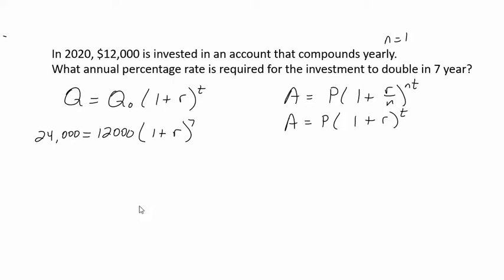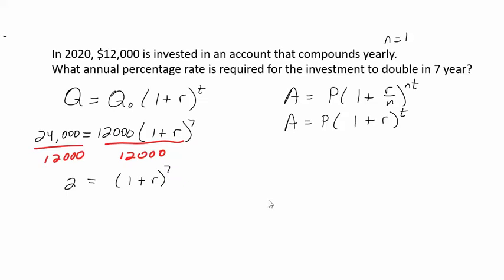Now we're going to be able to solve this one algebraically, okay? So we're going to start doing the same thing. We're going to divide by the 12,000. And that's going to give us 2, which really represents our doubling. And now I've got 1 plus r to the 7th.